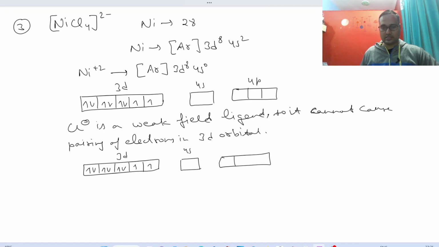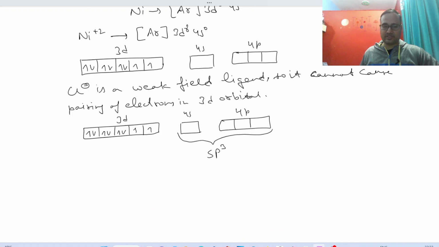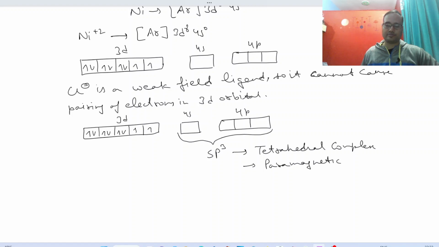As they undergo sp3 hybridization, 4 hybrid orbitals will be formed, which will be accepting the electrons from the Cl negative ion, forming a tetrahedral complex. And as it has 2 unpaired electrons, it will be paramagnetic. So hybridization, shape and magnetic behavior.